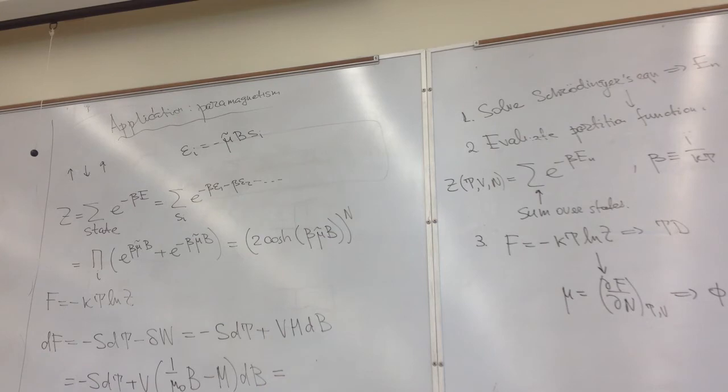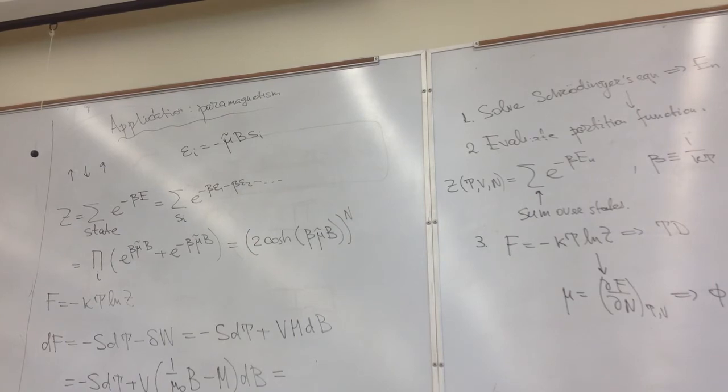So dF, you can just continue this line, is equal to minus S dT plus V d/dT of B squared over 2 mu naught minus VM dB.